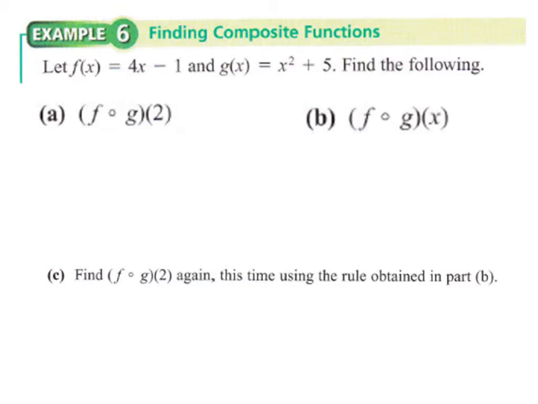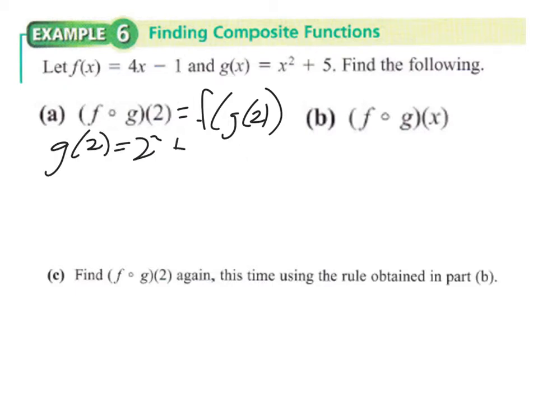Finding some more compositions, so we're looking at f of x and g of x again. We're looking here at f of g of 2. So again, to me, I like to kind of translate that into the other type of notation. So I can see that I'm really just using g of 2 as the input into f of x. G of 2 would be 2 squared plus 5. 2 squared is 4. 4 plus 5 would be 9.